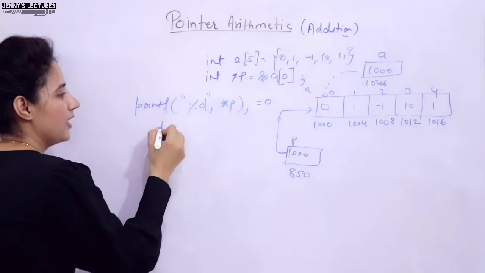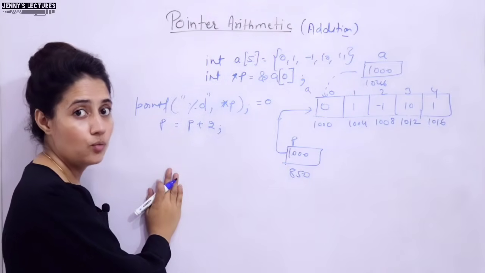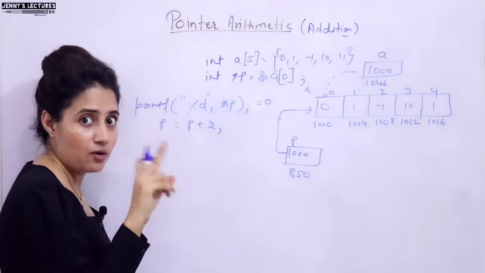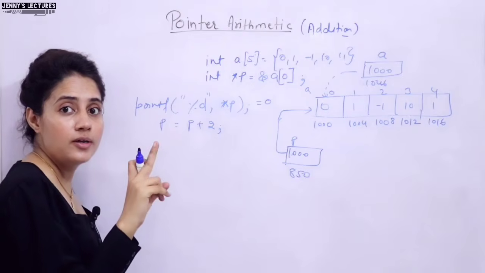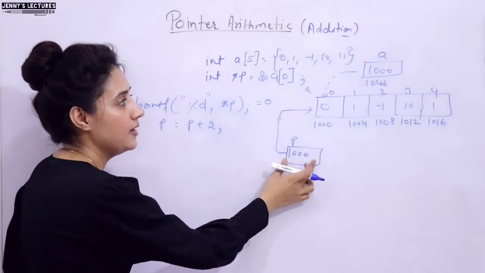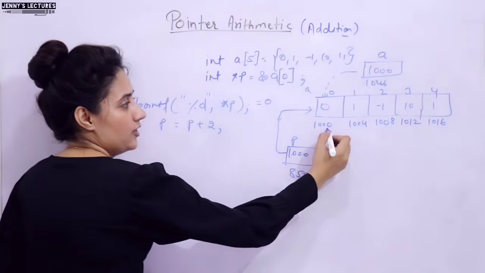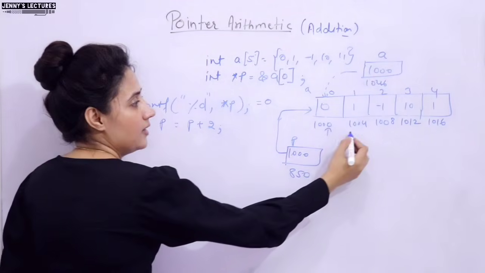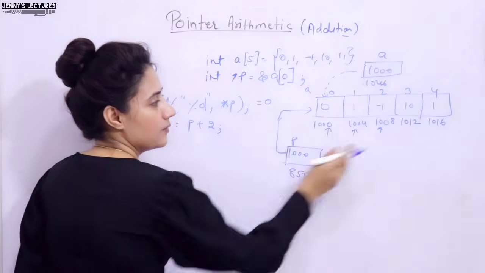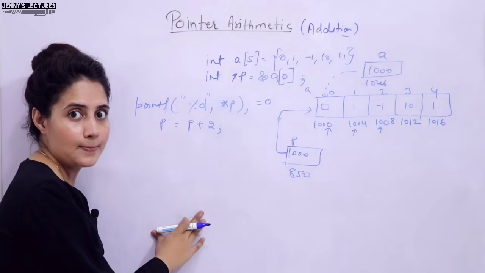Now here if you do something like p is equal to p plus 2, what would be the case here? In p we have 1000 plus 2, it doesn't mean 1002, it means what? It is going to now point to which element? This element, the third element. First of all it is pointing to this, then if you do plus 1, if you do plus 2, it will point to this, right? 2 positions it will move further, right?